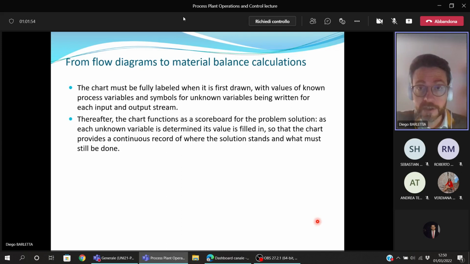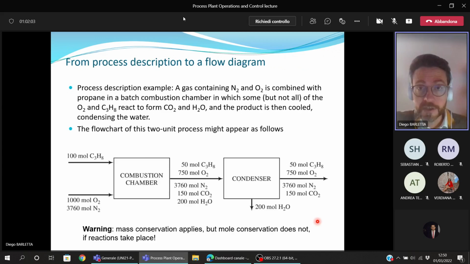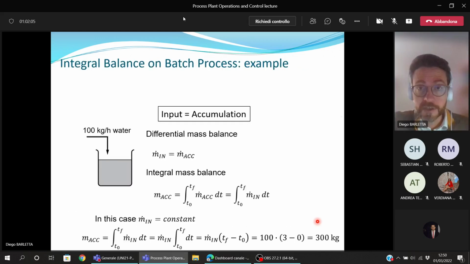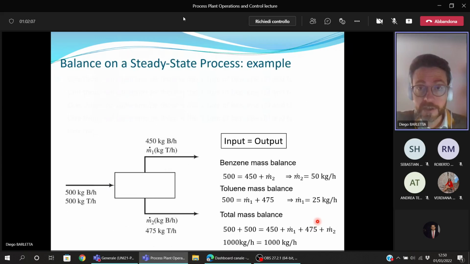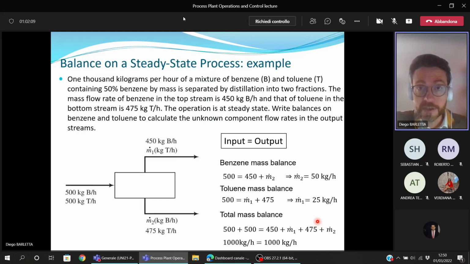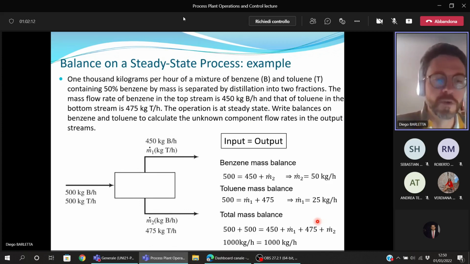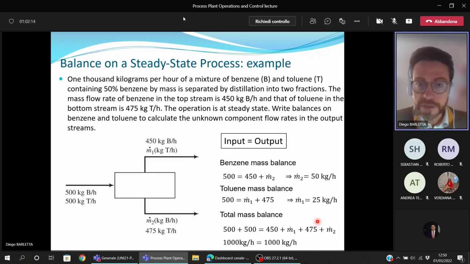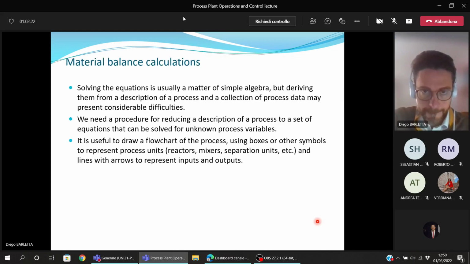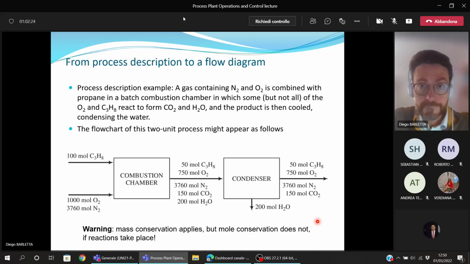And instead we could report symbols for unknown variables, exactly as we did before with this example here. Here we followed intuitively the same procedure. We wrote all the numbers of known process variables, and we used symbols for unknown variables.